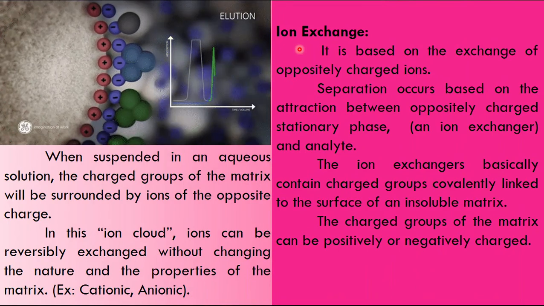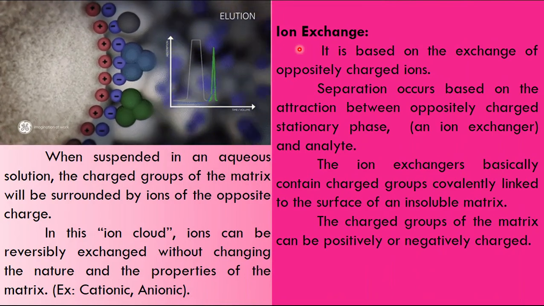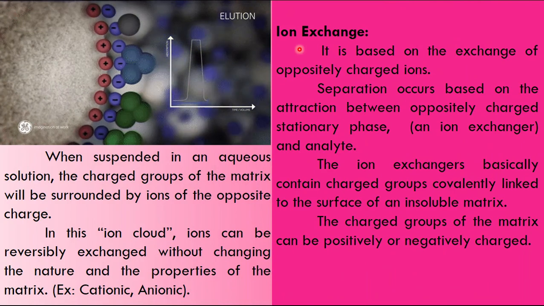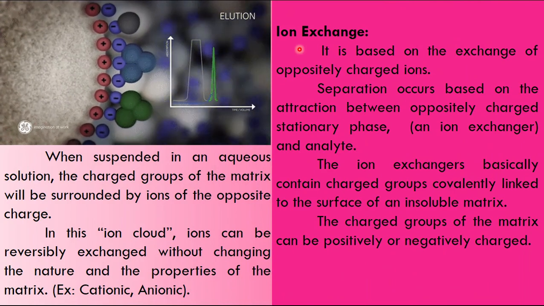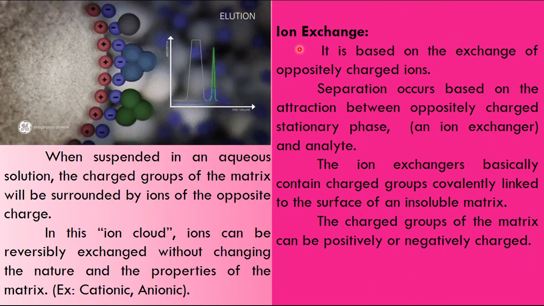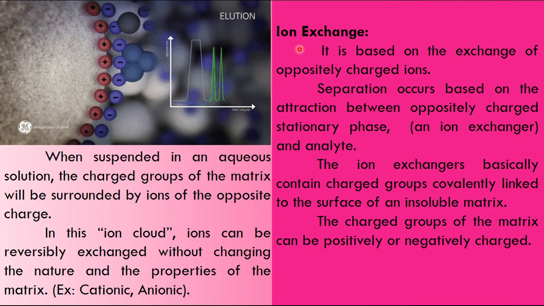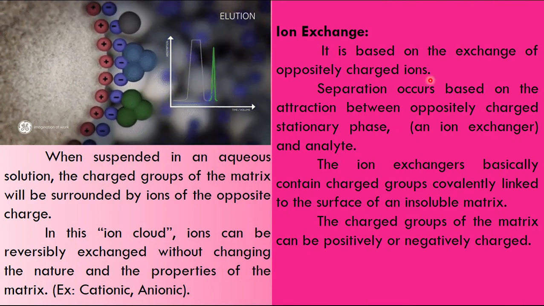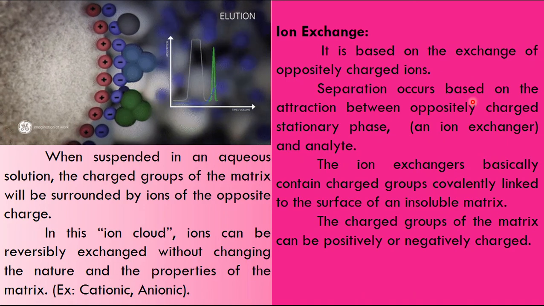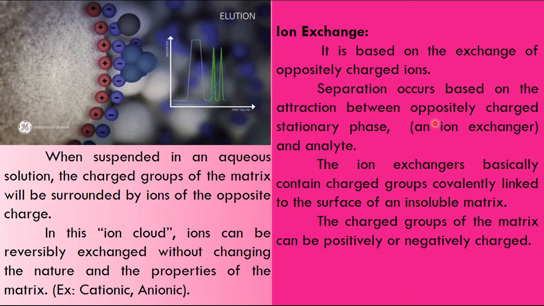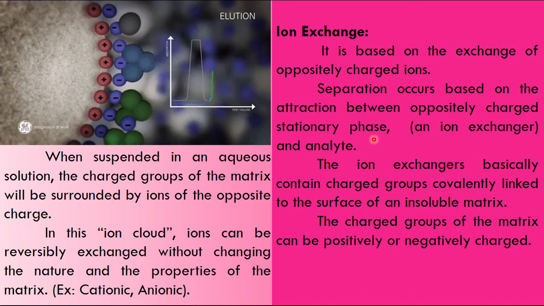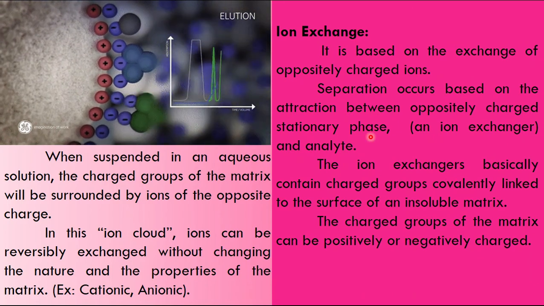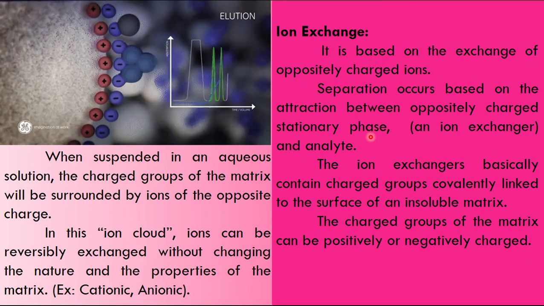The next principle is ion exchange. The name itself indicates that the ions are exchanged for the separation. So here the particles are separated based on exchange of oppositely charged ions. So separation occurs based on attraction between oppositely charged particles. That is, if the stationary phase is cation in nature, then the mobile phase will be anion in nature.